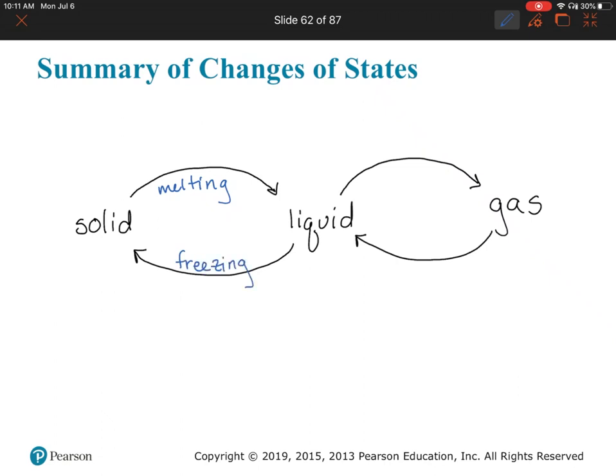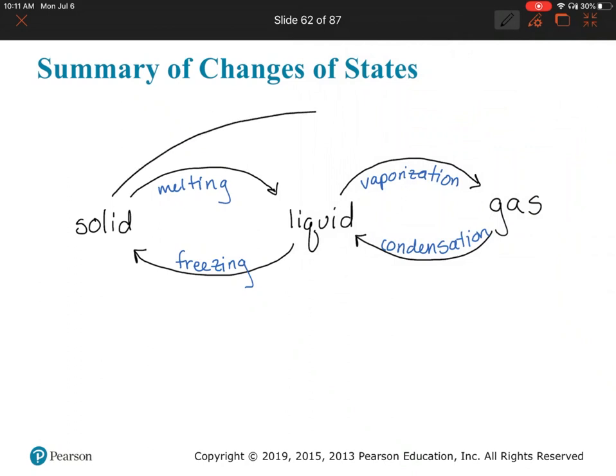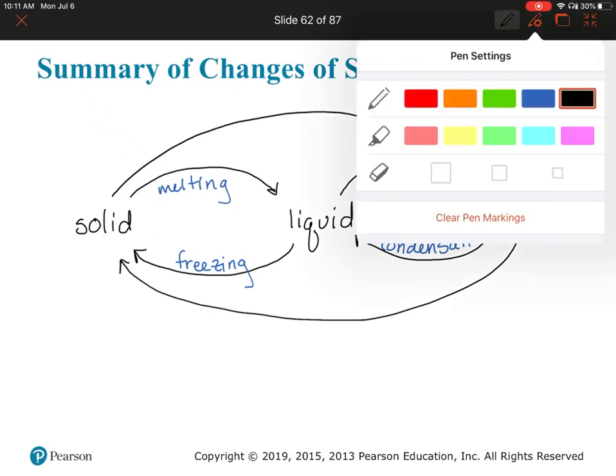What if a liquid is turning into a gas? What is that called? Vaporization. Or boiling. Either one's fine. What if a gas is turning into a liquid? What is that called? Condensation. Okay, and then remember, a solid can also turn directly into a gas, and a gas can turn directly into a solid.